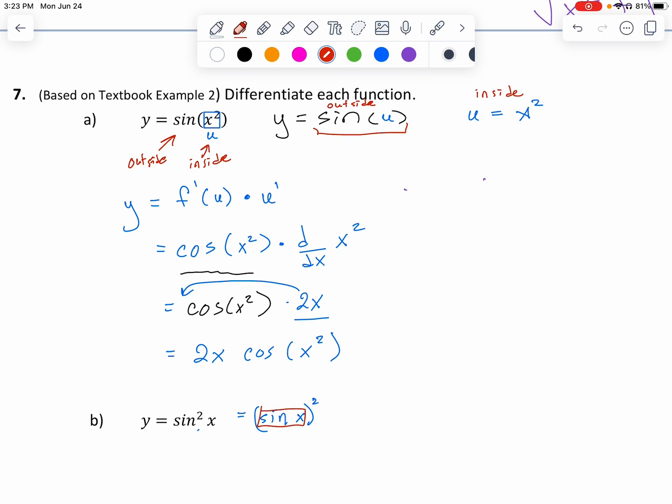And whoops, I usually use blue for that. In fact, let me write this function in black. So this is really sine of x, squared. So my inside function is the sine of x. And my outside function is the square.